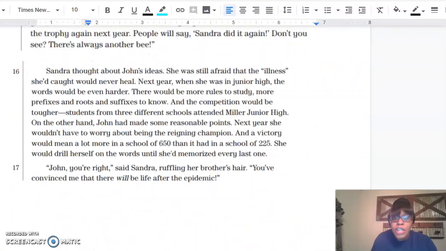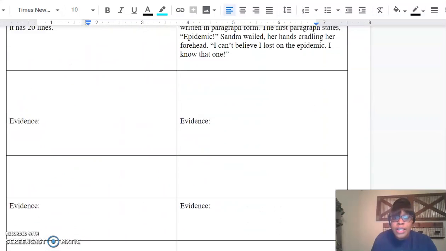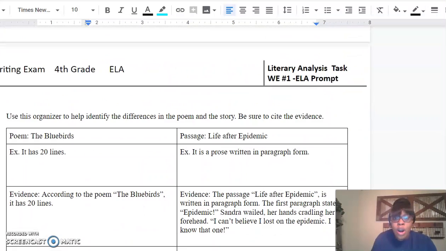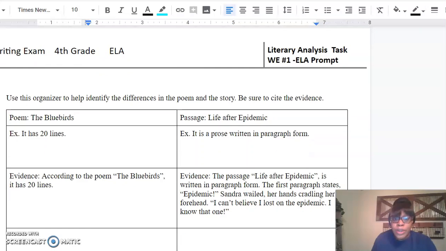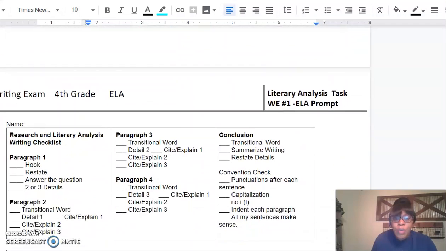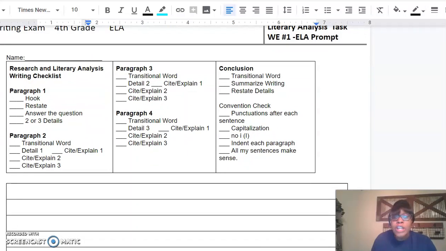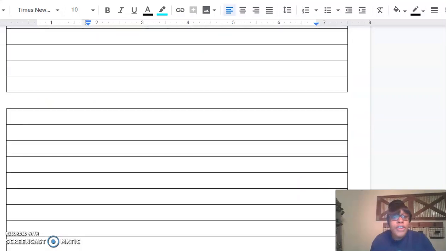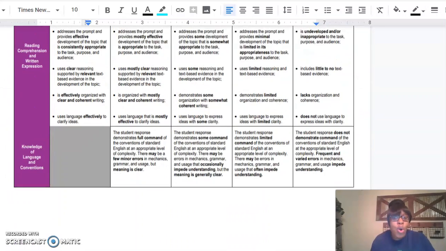Be sure to use your graphic organizer if you're having trouble. I even gave you an example. Also, when you're doing your writing, make sure to use your checklist because right now we're writing a literary analysis. I want you guys to use your checklist. And don't forget to use your rubric.